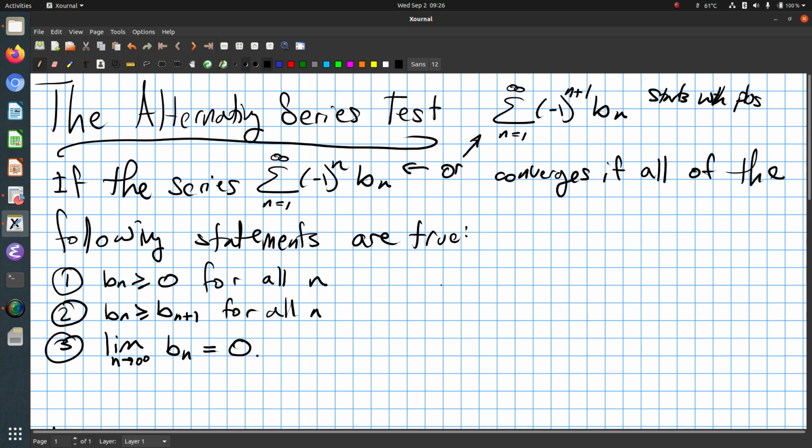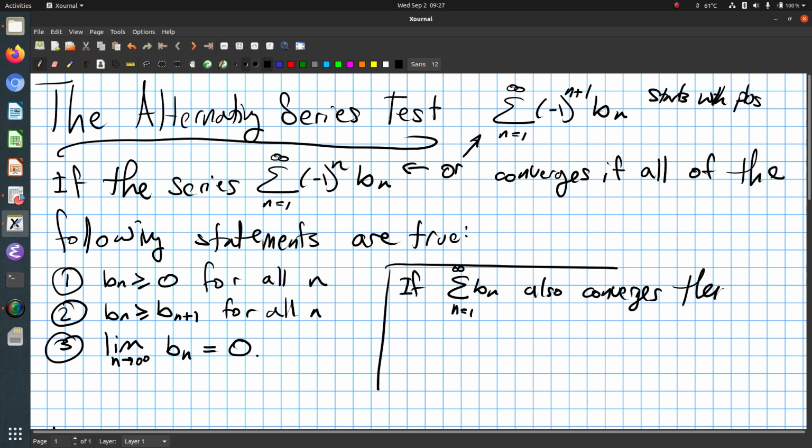Now, two terms that we often use: if the series converges without the minus signs, so if we have an alternating series and this series also converges, then we say this series is absolutely convergent.